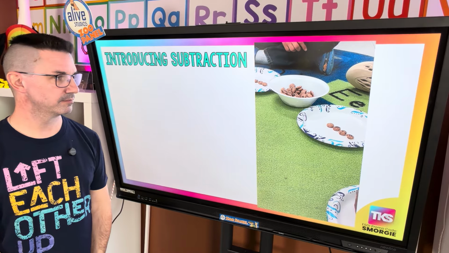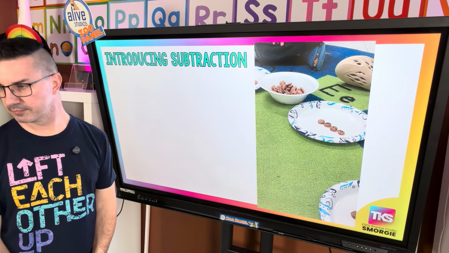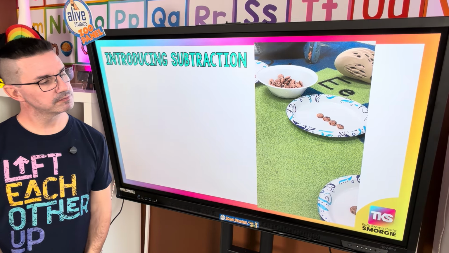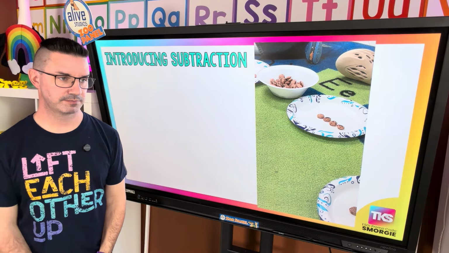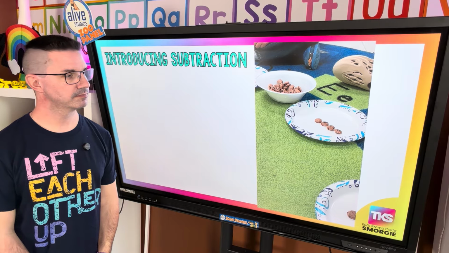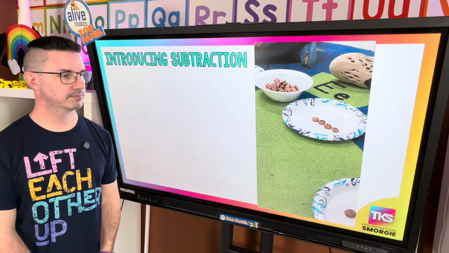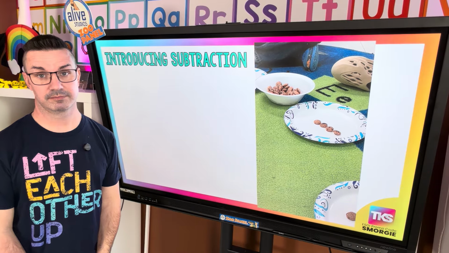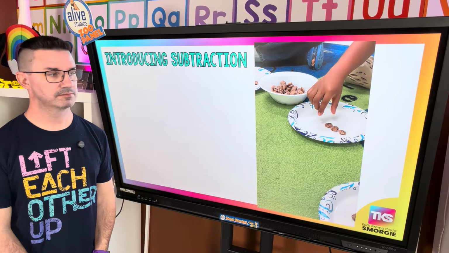1, 2, 3, 4. So how many cookies do we have? 4. And how do we subtract? Take away. Thank you, Nathan. How do we subtract? Take away. All right. Maritza, the Cookie Monster, got hungry, and she ate 1 cookie. So how many are we going to take away? 1.